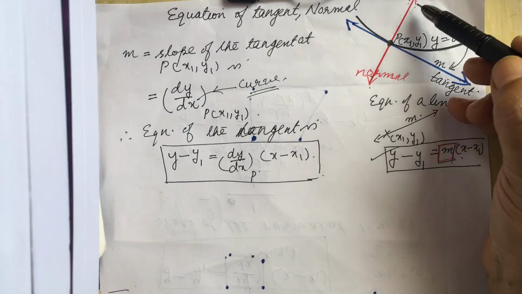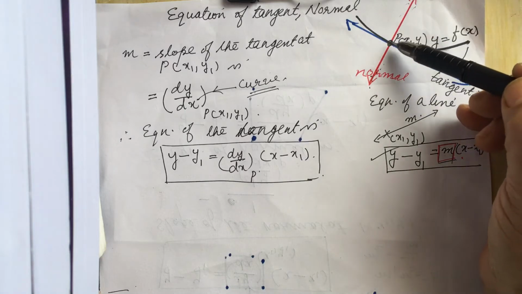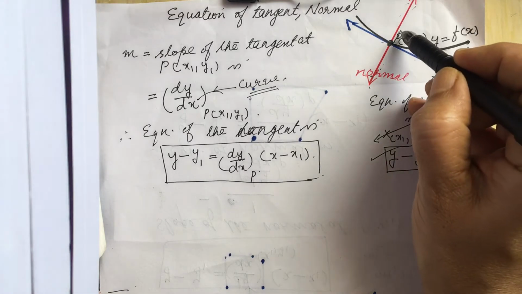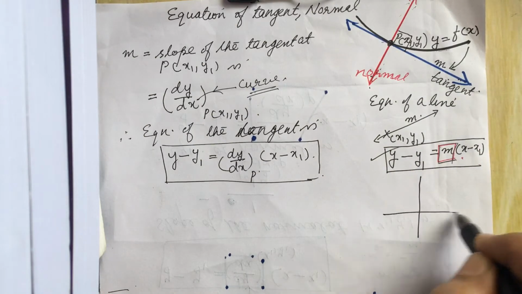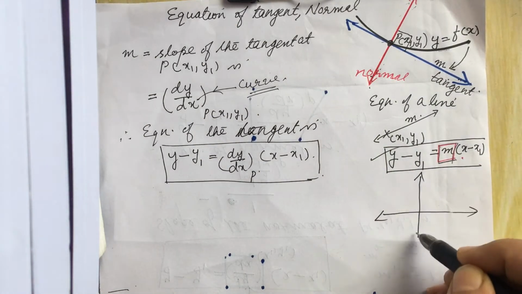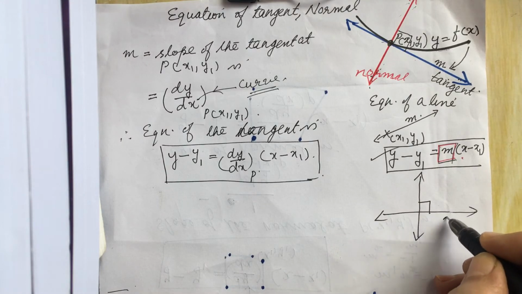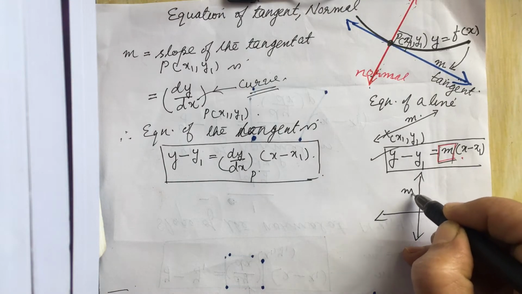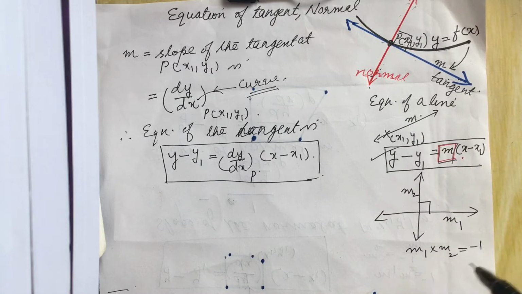Now how to find the equation of the normal? Normal is nothing but a line which is perpendicular to the tangent. That is, this angle is 90 degrees. And we have already learned that if two lines are perpendicular, then the product of the slopes is equal to minus 1. m1 into m2 is equal to minus 1, or in other words m2 is minus 1 by m1.